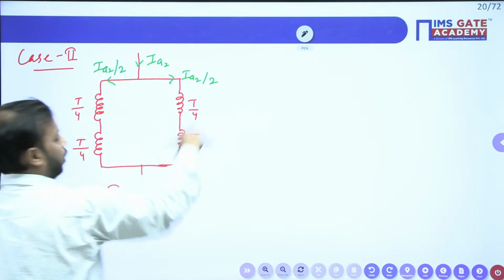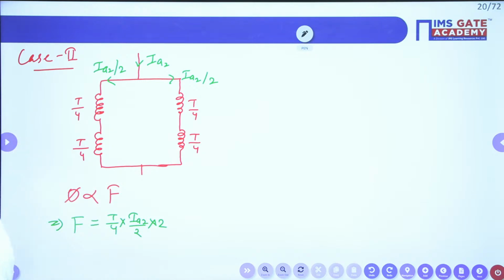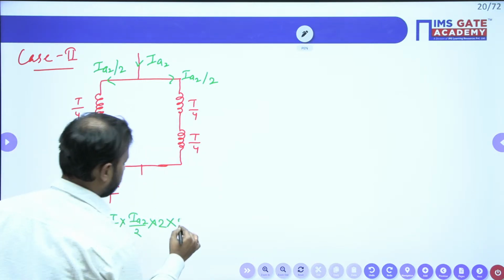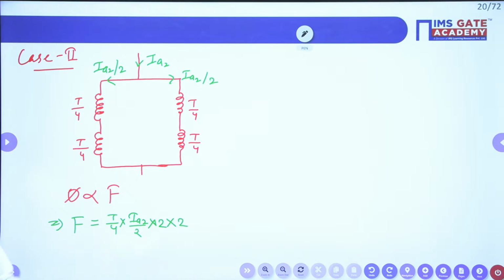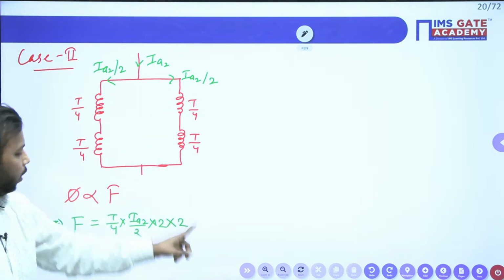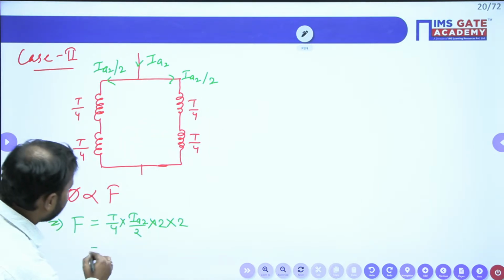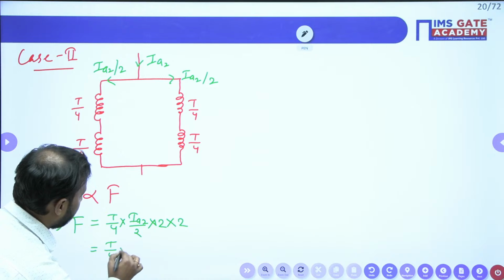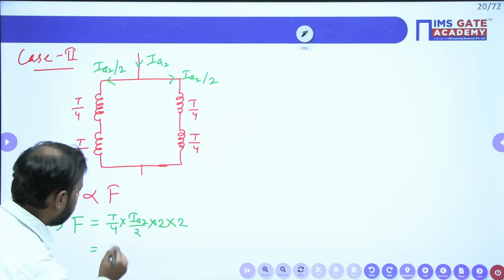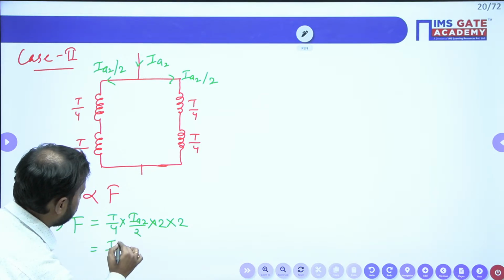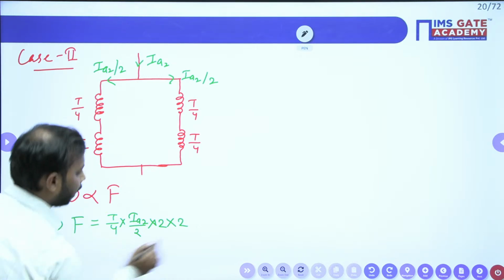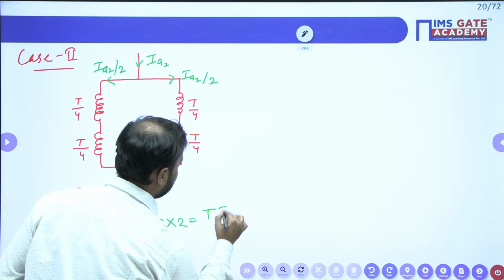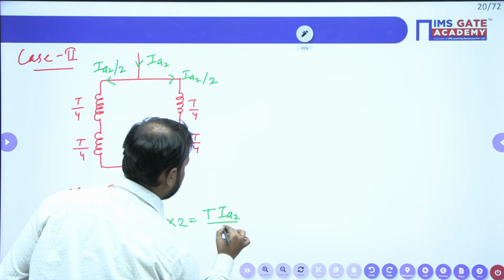And we have this mmf also, so into 2. All right, so total 4 mmf we need to add. So from here mmf will become, sorry, not T by 4, T by 2, T Ia2 by 2.